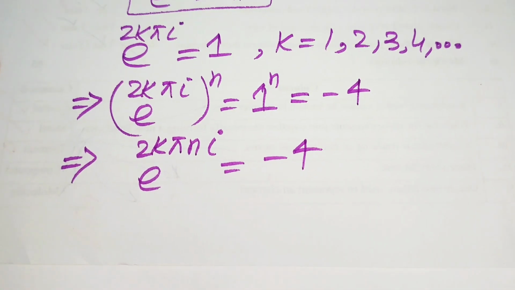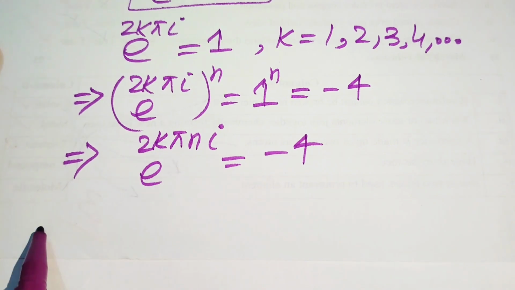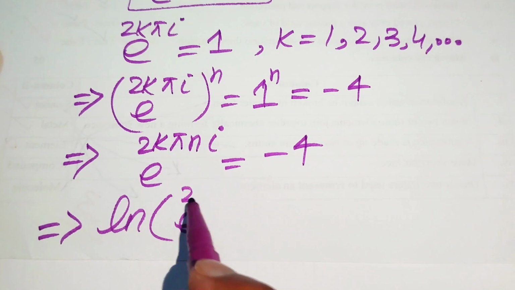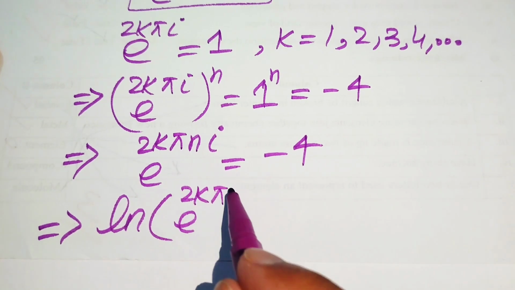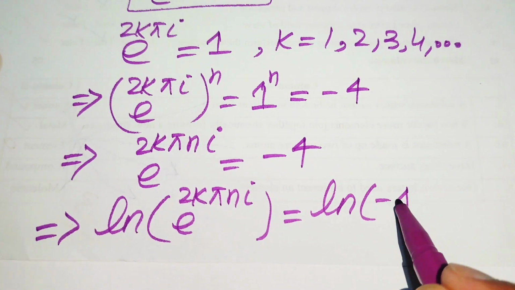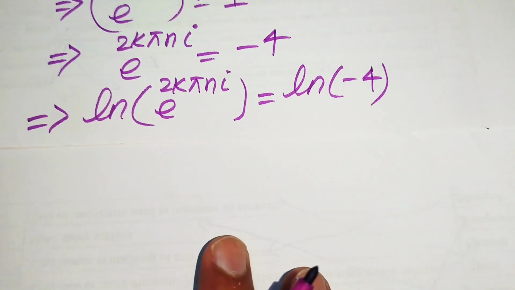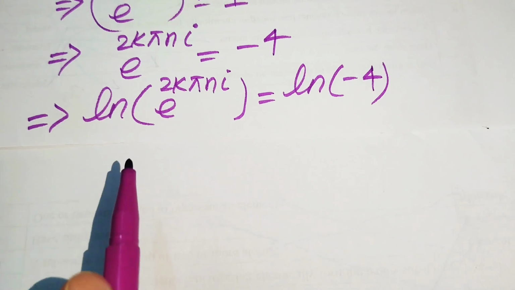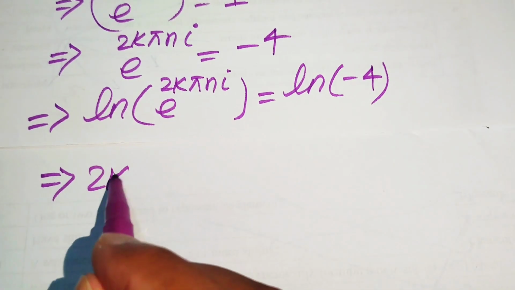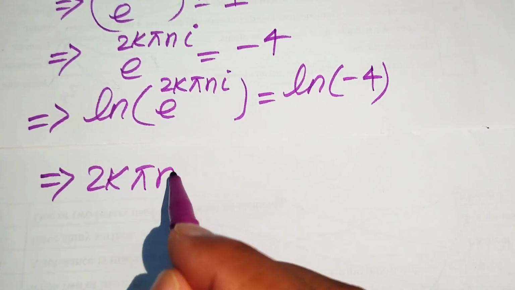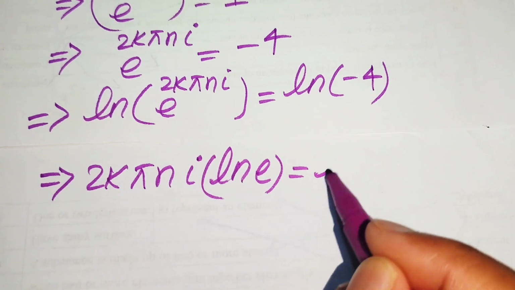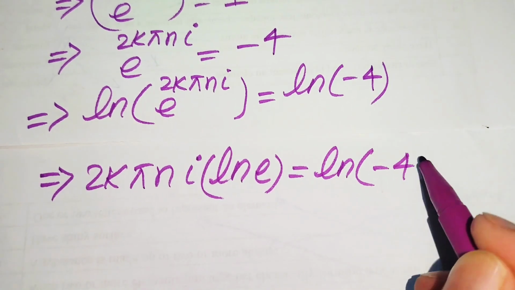Because we solve this problem for the values of n, here we need to take the log on both sides. So when we take the natural log, it is written as log of e to the power of 2k pi n iota equals log of minus 4. Now in the next step we use the nice property of log and we move this exponent in front of the log, and it is written as 2k pi n iota times log of e is equal to log of minus 4.